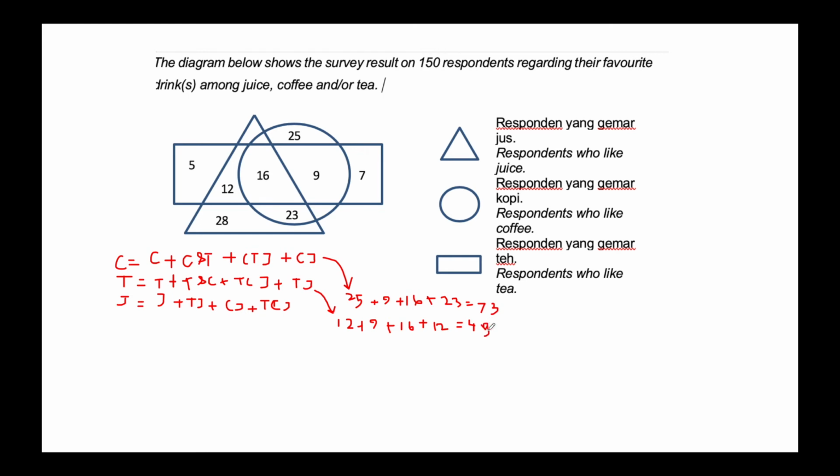However, these two values consist of people who love both. So the question asks how many people love coffee or tea but not both. In this group, we can extract which ones have both, like this one, coffee and tea.